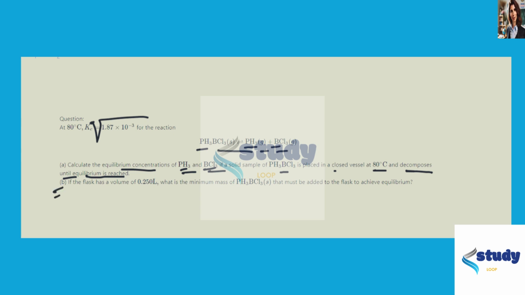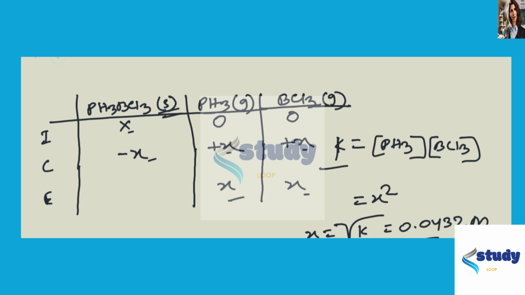And then in part B, we have to find the minimum mass of pH3BCl3 that must be added to the flask to achieve equilibrium if the volume of the flask is 0.250 liter. So again, from the ICE table we can see that the change in the concentration of the reactant will be x, and here we have the value of x.